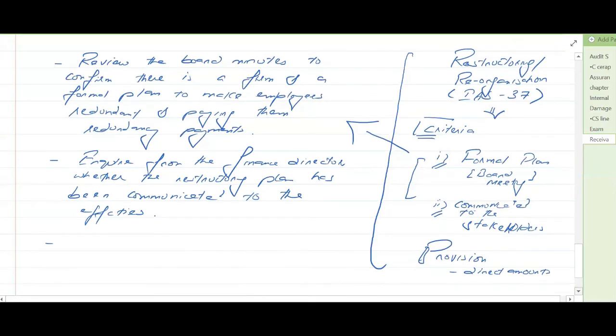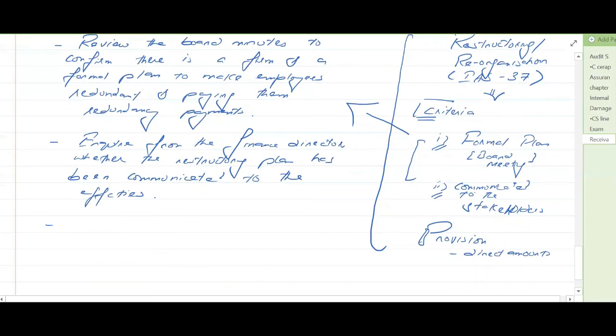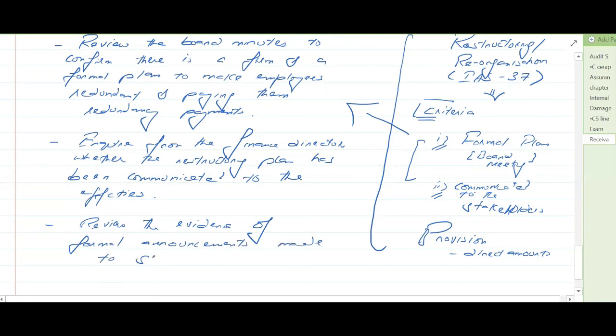Obviously, they're going to say yes. So when they're saying yes, what you can do is review the evidence of formal announcements made to stakeholders.